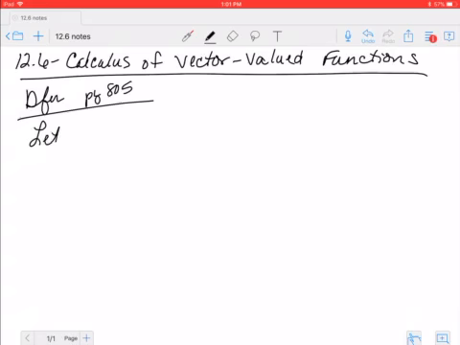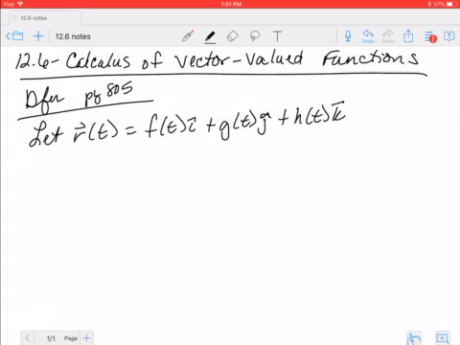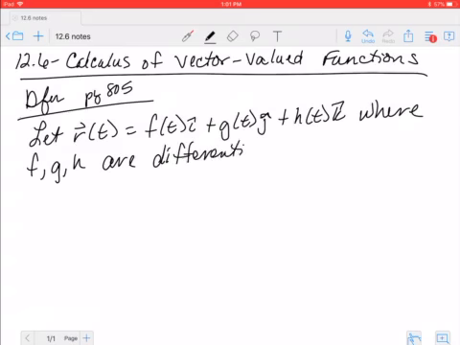We're going to let r of t equal f of t i plus g of t j plus h of t k, where f, g, and h are differentiable functions on the interval from a to b.